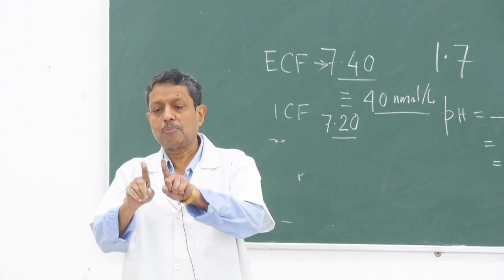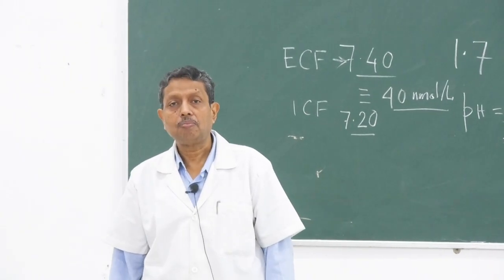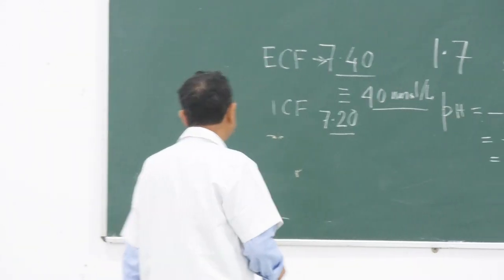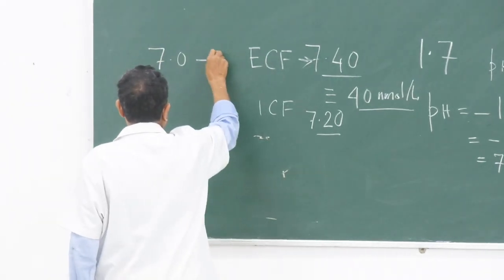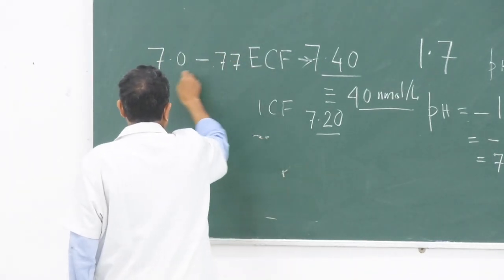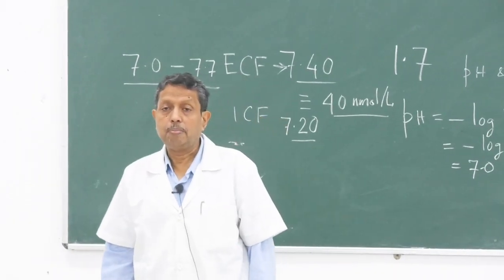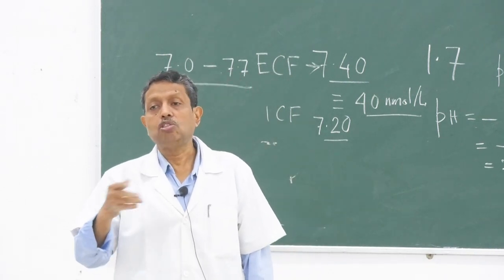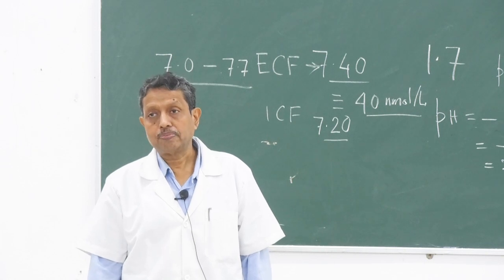And life is possible within a short span of this pH, from 7.0 to 7.7. Beyond that, life is not possible for a good length of time.